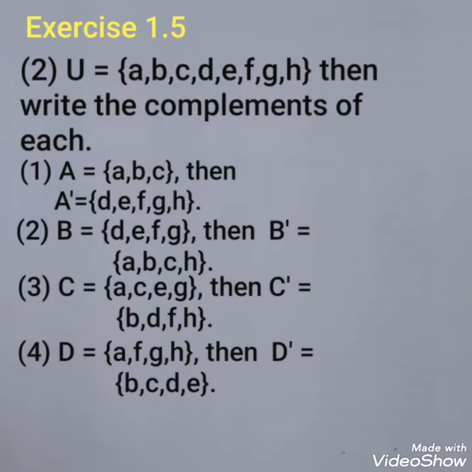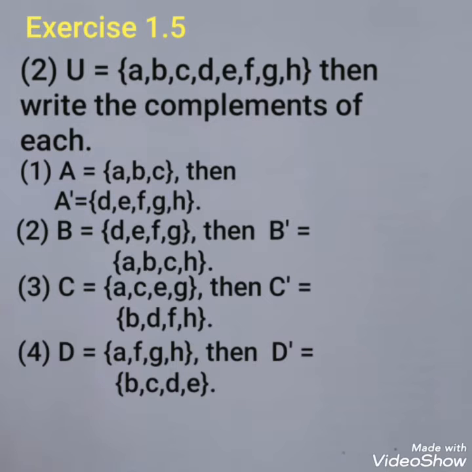Then D has the elements a, f, g, h: the first element and the last 3 elements. The elements between a and f, g, h are not given in set D. So here we get the complement D', which also contains 4 elements, and they are b, c, d, and e. It means here D equals a, f, g, h. Then its complement D' has the elements b, c, d, e.